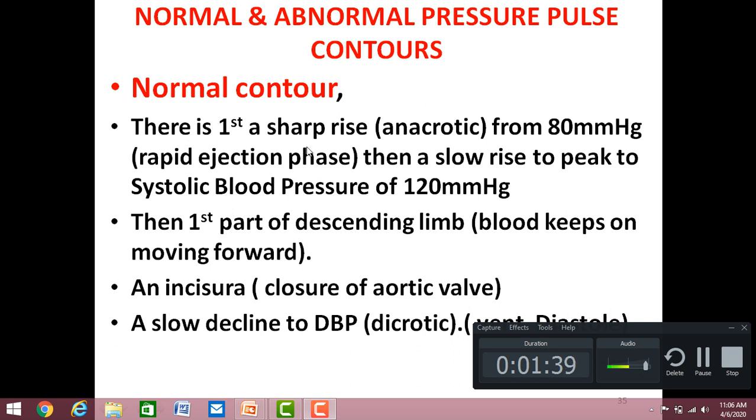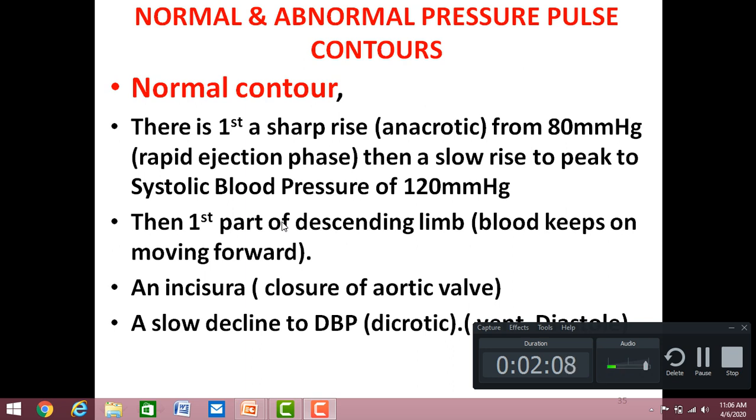First, there is a sharp rise in the pressure from the baseline of 80 millimeter of mercury, and this is called the anacrotic limb. This corresponds to the rapid ejection phase of the cardiac cycle, and then there is a slow increase in pressure to its peak value, which is about 120 millimeter in a normal person.